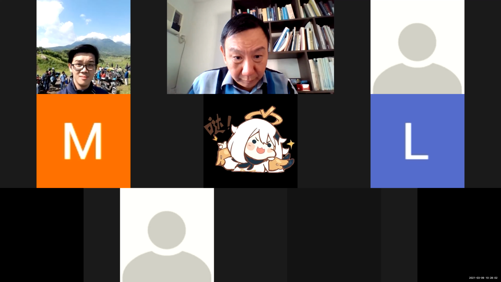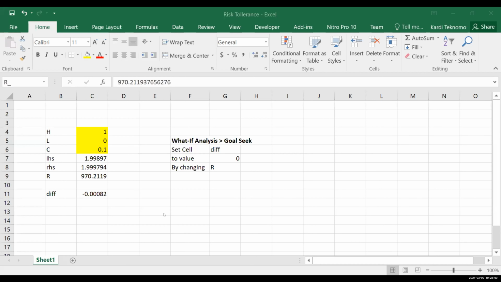No, you create the data, something like this. Can you see it? Okay. So you type H, L, and C, and then you put values. So H is equal to 1, L is equal to 0, or any value here, and C is up to you. The one in yellow is something that you fill in.